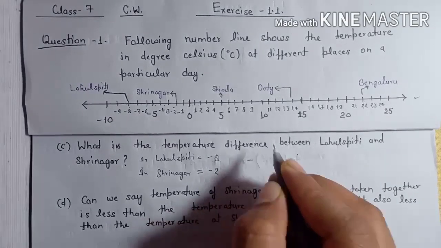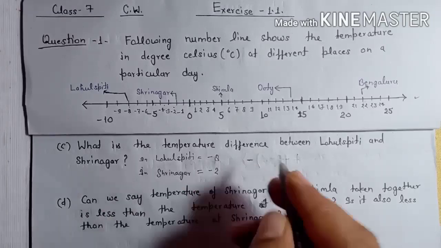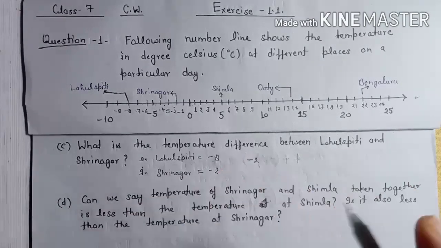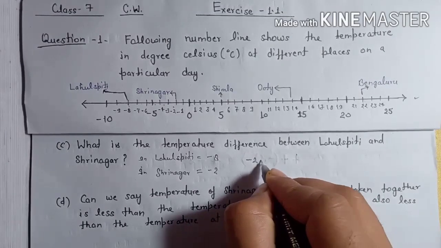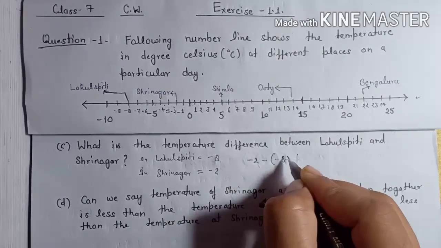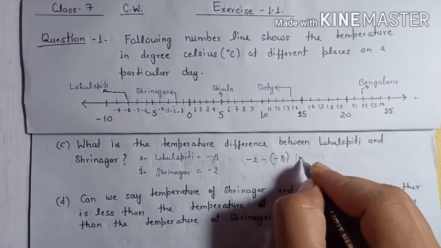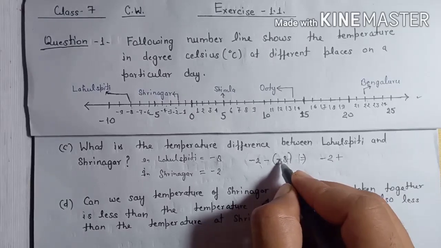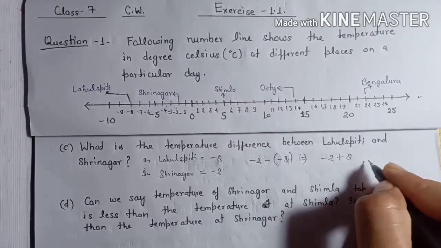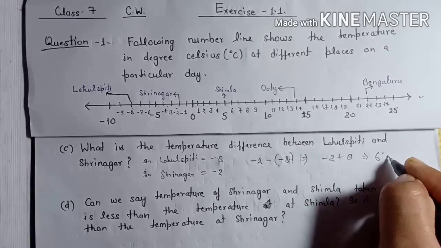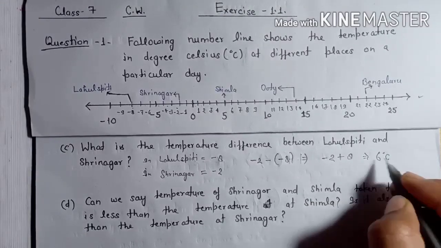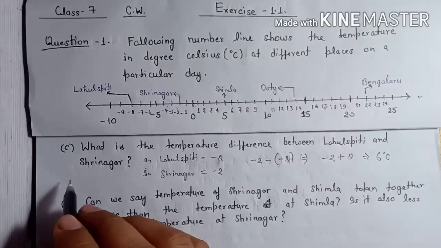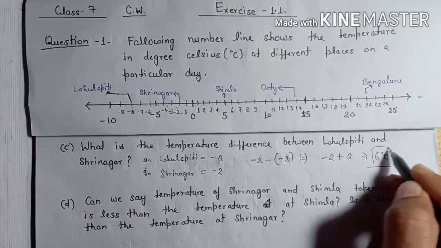Which one is greater, -2 or -8? -2 is greater, because it is on the right hand side of -8. So -2 subtract -8: this time it will be plus, since the additive inverse of -8 is +8. So that is 6 degrees Celsius. The temperature difference between Lahaul Spiti and Srinagar is 6 degrees Celsius.